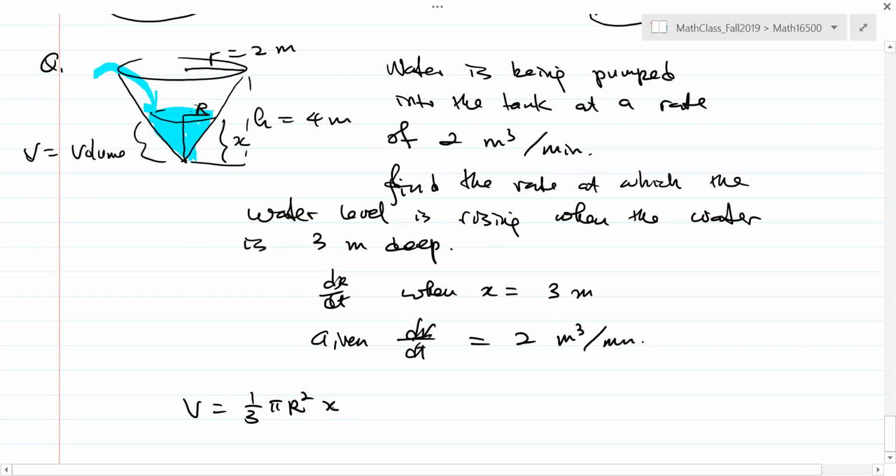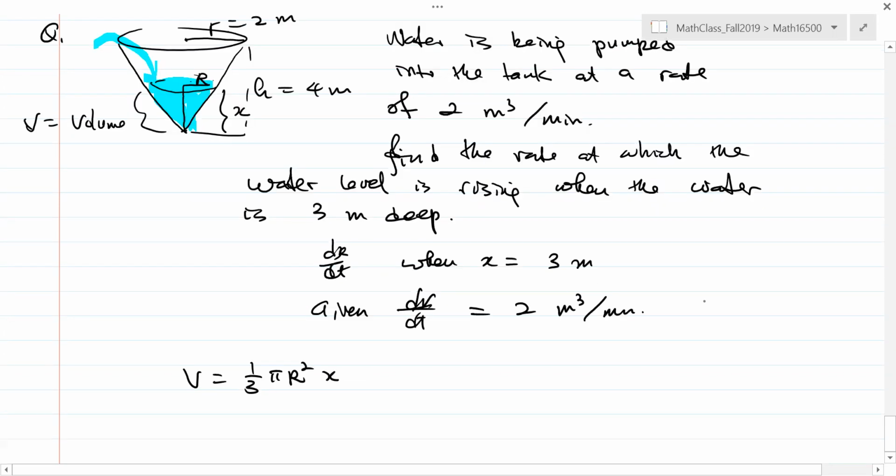But how can I express r? r is not fixed. r depends on x, right? When x increases, r increases. r is proportional to x.